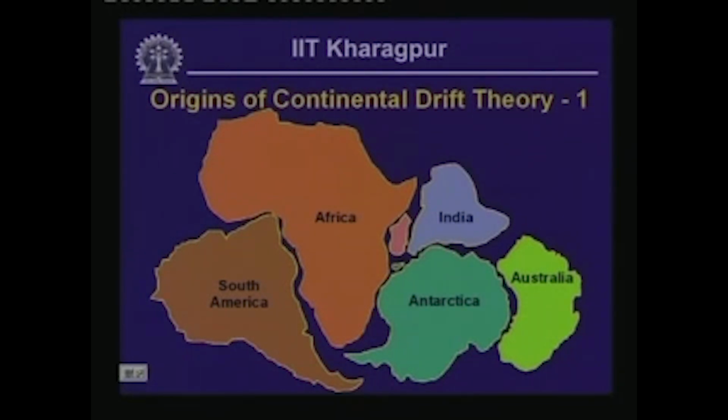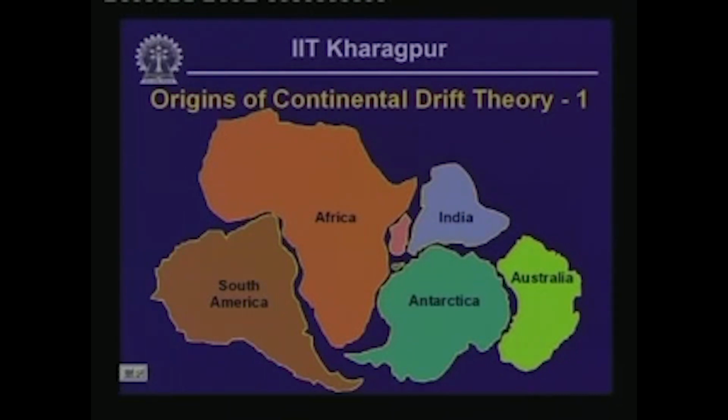You can see that what we tried to do here was fit together the land masses of South America and Africa just by moving them together and fitting them like a jigsaw puzzle. Then you come to the east, and you could see that the west coast of India could fit with the eastern coast of Africa if you put in between the island of Madagascar, which is shown with pink shading over there.